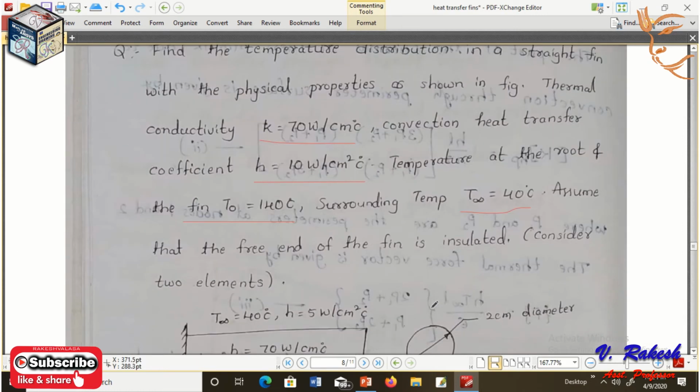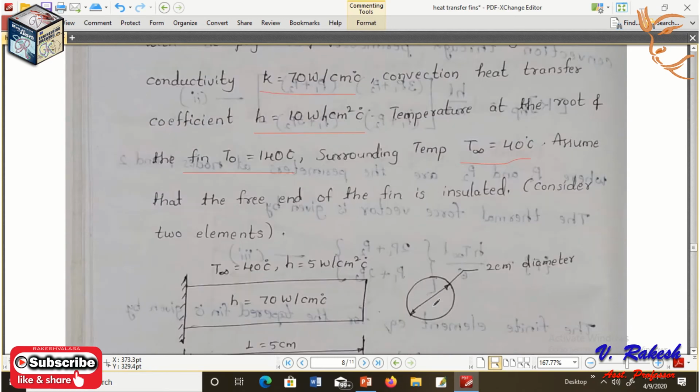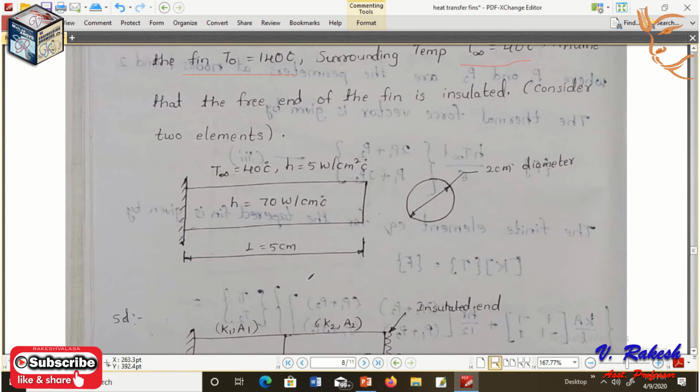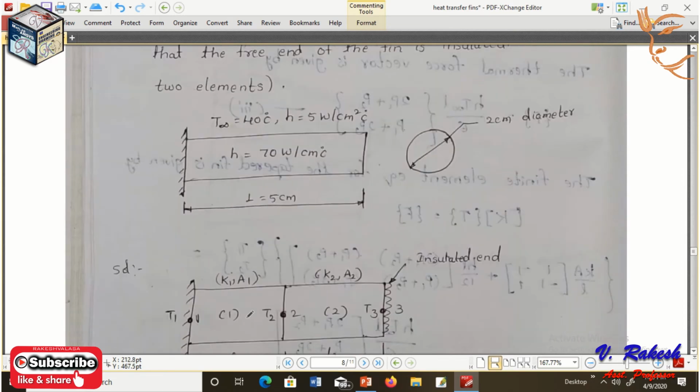Consider two elements. This is the given figure. Now divide this figure into two parts, that is element 1 and element 2, and also give the nodes 1, 2, 3 and temperatures T1, T2, T3.